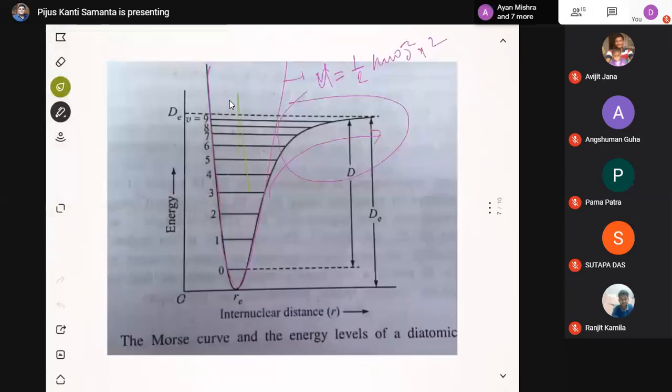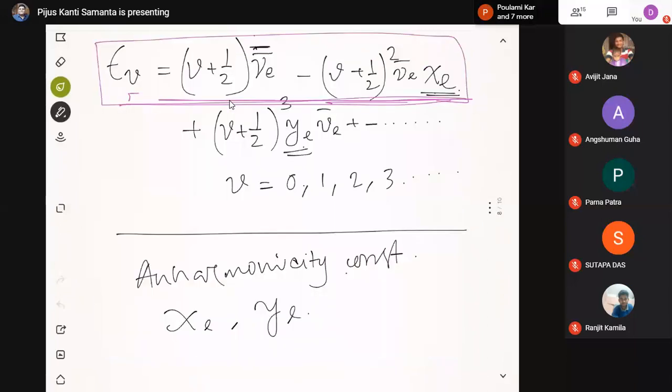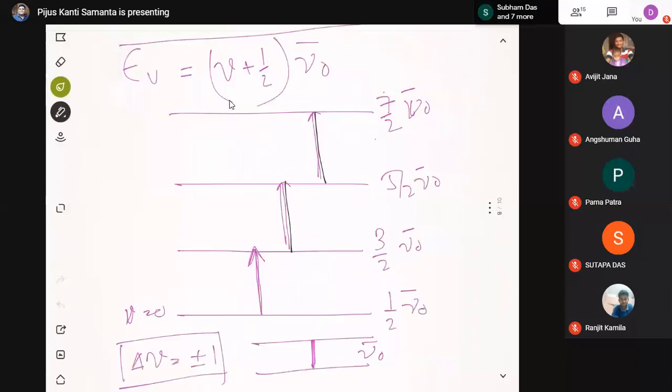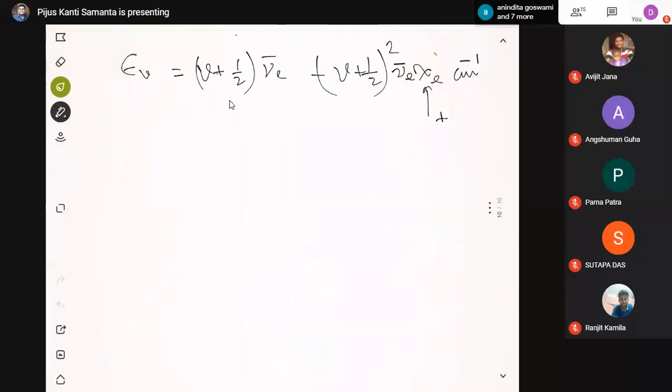In this region, the energy gap changes. So the energy levels get quite crowded. That is the effect of anharmonicity on the oscillator. How crowded the levels will be is determined by this term, chi.